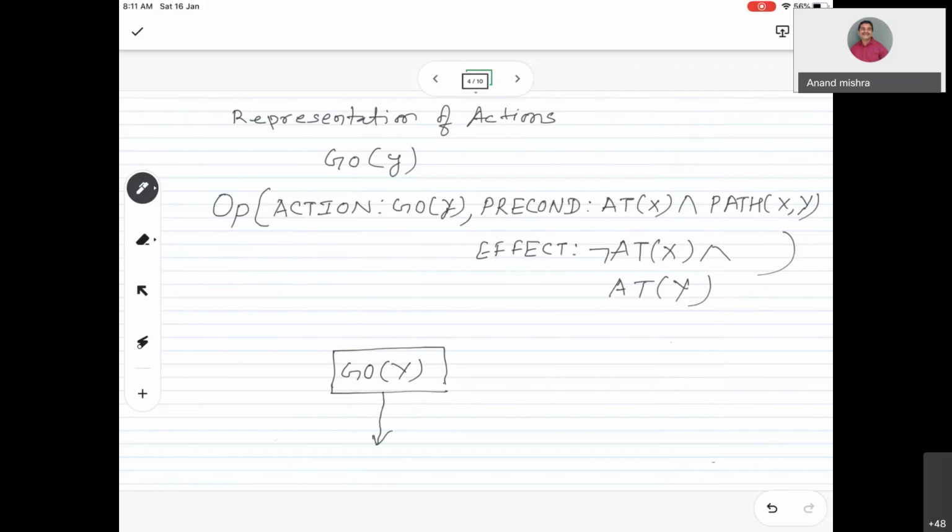The precondition is written here. This is useful when you draw the plan diagram. So this is at X, and there is a path between X and Y, and the effect is you are at Y and not at X.